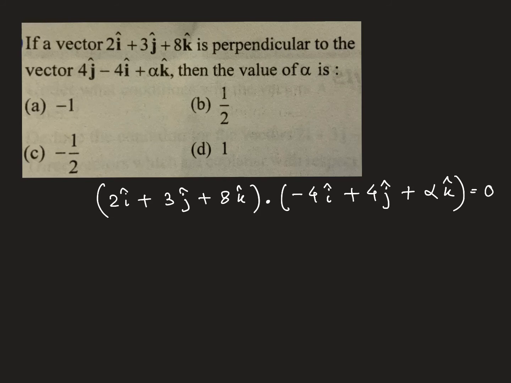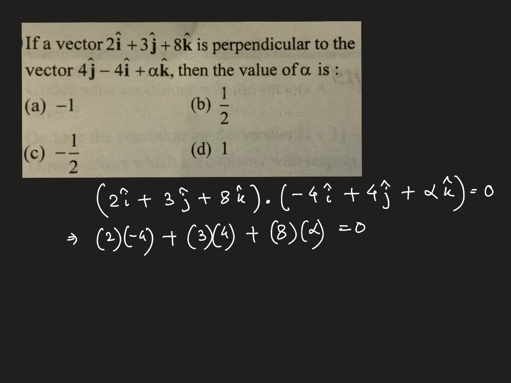Their dot product is 0. Perpendicular vector means dot product is 0. Implies 2 times minus 4 plus 3 times 4 plus 8 times alpha is equal to 0.